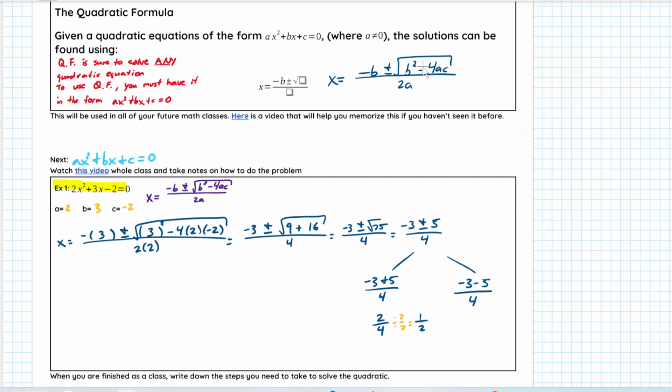And then we have negative 8 over 4, and negative 8 over 4 is just going to be negative 2. So our solutions are going to be x is equal to 1 half, negative 2.